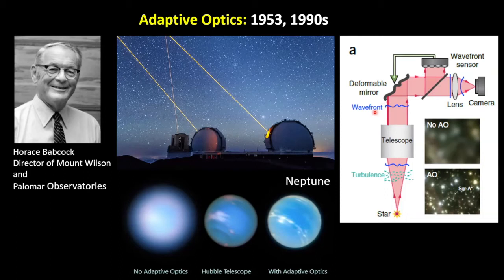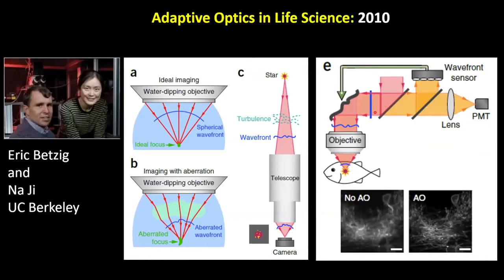A similar idea was used in life science back in 2010, by Eric Betzig and also Na Ji, his wife. They worked together. One of the similar situations they saw in biological samples is that when light passes through the sample, it is also distorted by different parts of the sample, which is similar to the telescope situation with atmospheric turbulence.